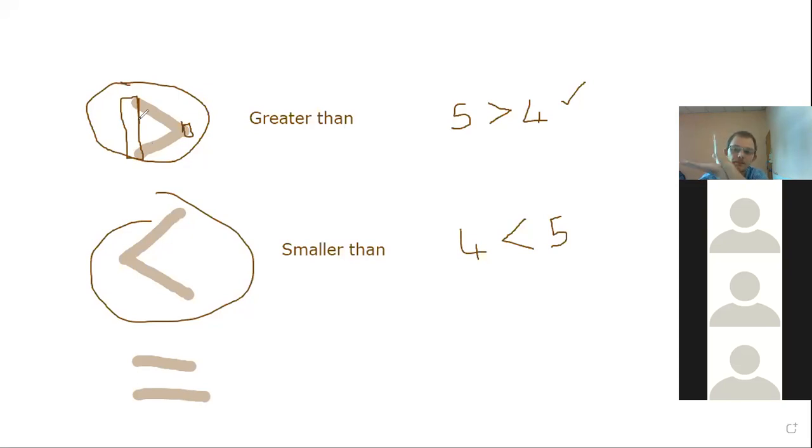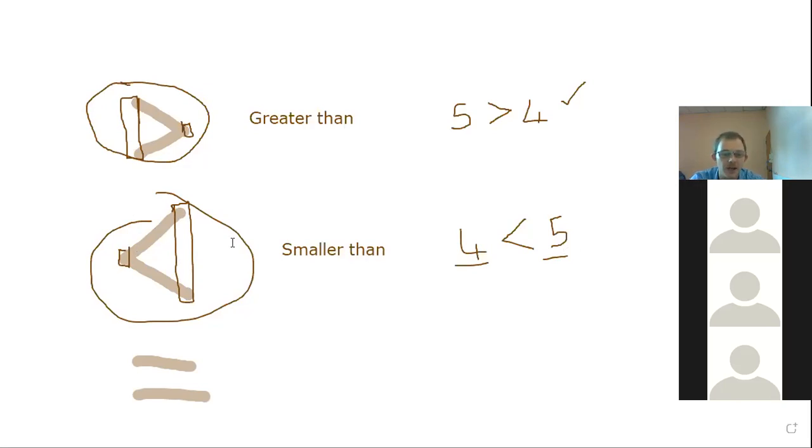It doesn't go up or down, only sideways. So the number on the right hand side is bigger because that's where the big mouth is. And the small part at the end on the left is the smaller number.